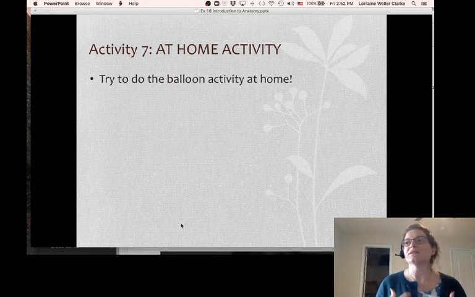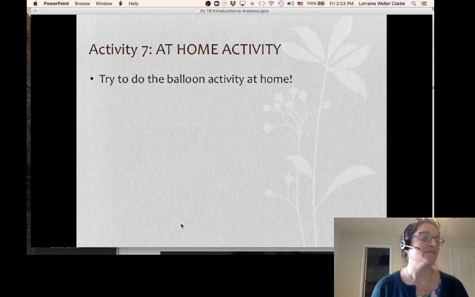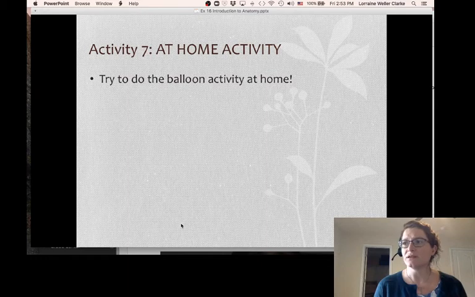How much air is in your lungs when you're normally breathing? Okay, normal breath. Now, that normal breath is called the tidal volume, okay? The amount of air that normally enters and leaves your lungs.